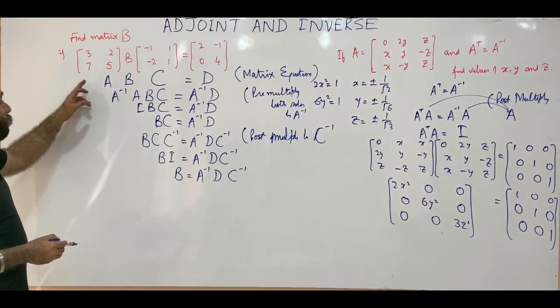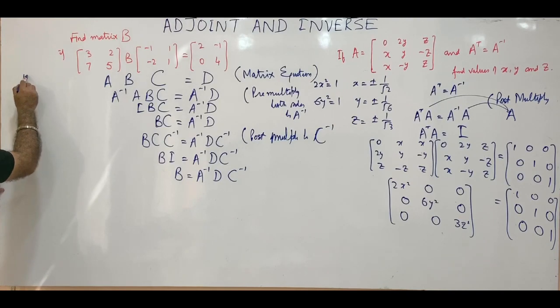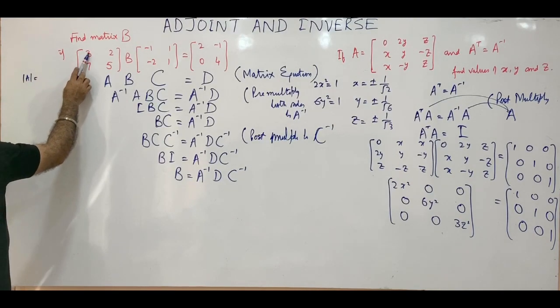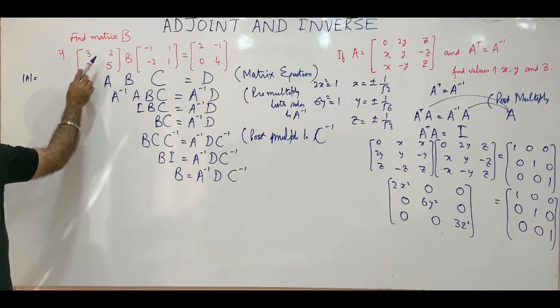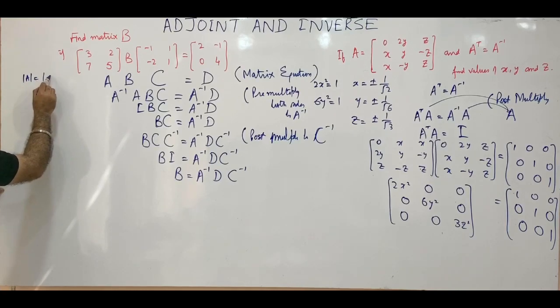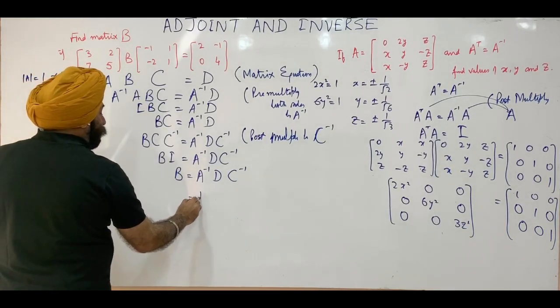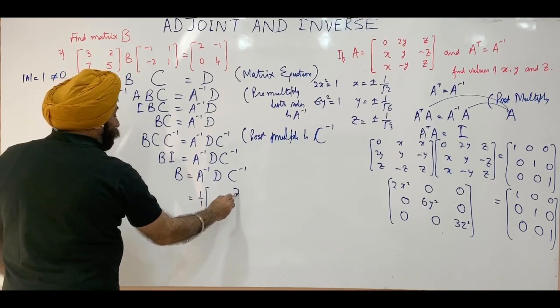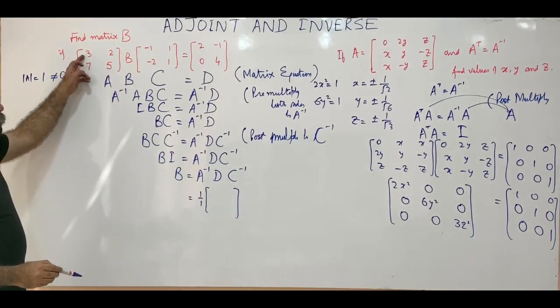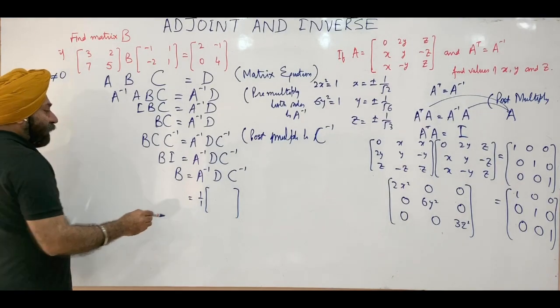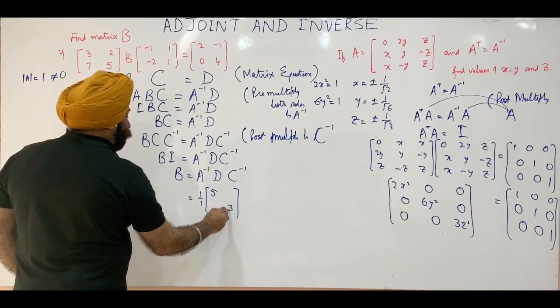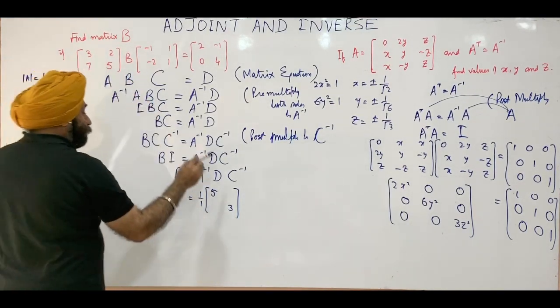For A inverse, let's check the determinant of A. It's 3 into 5, 15, minus 7 into 2, 14, not equal to 0. So this is 1 by determinant into adjoint of A. Adjoint means interchange the diagonal elements, change sign of these.